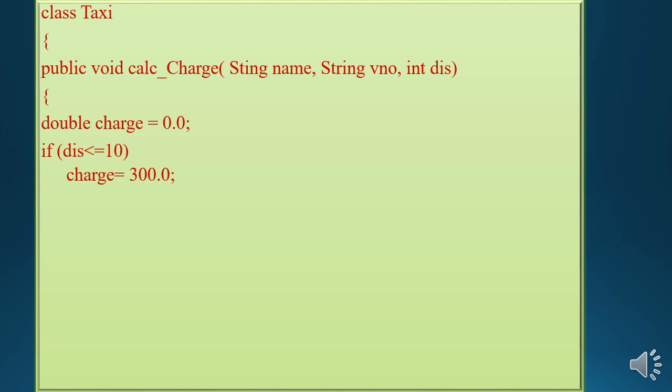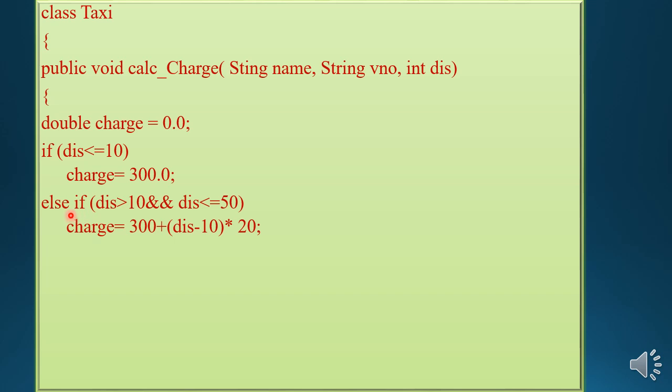Now we check each condition by using if else statement. If dis, what is dis? Dis is the distance traveled. If dis less than or equal to 10, charge equals 300. This is the minimum charge.